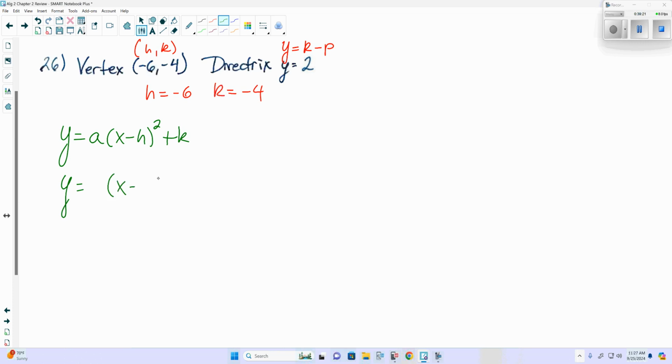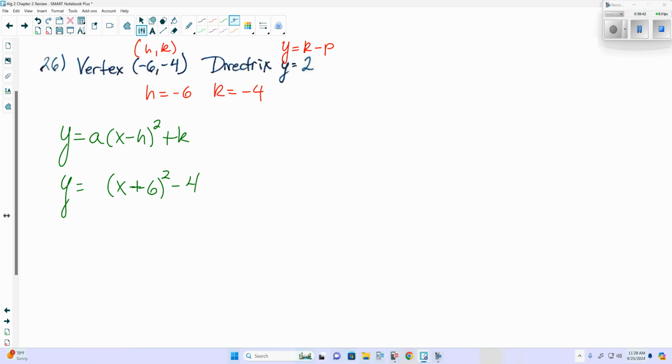Even if we don't get the value of a, we can still plug h and k in. We get x minus -6, well, the negative makes a plus, plus -4. So we have this here. We just need to find the value of a.